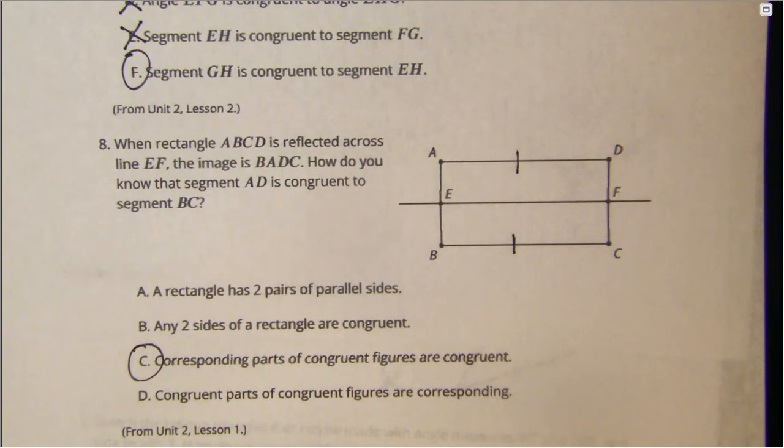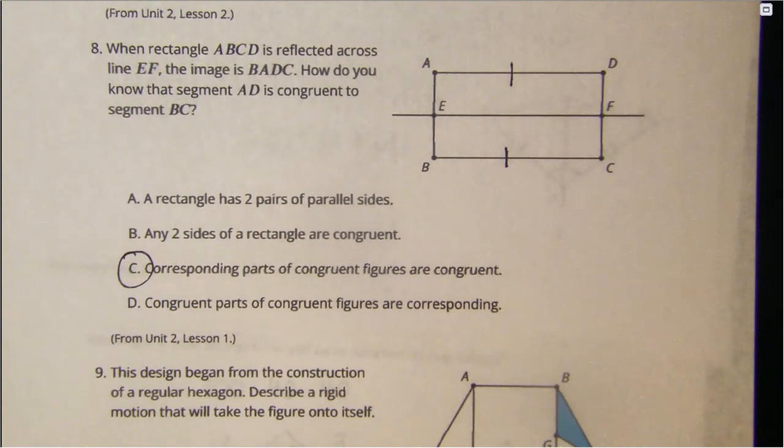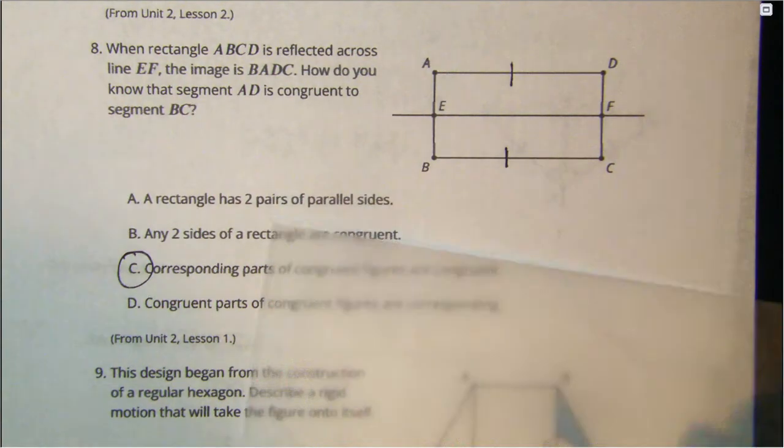Last one. This design began from the construction of a regular hexagon. Describe a rigid motion that would take the figure onto itself.